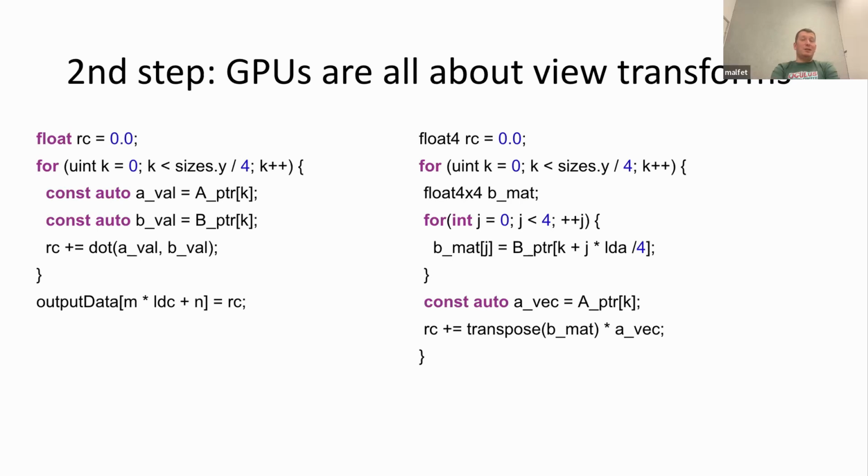The second one is to use another vectorized type called matrix 4x4. Again, if you're using quaternions, matrices are very important, and GPUs usually have specialized silicon to perform matrix computations.